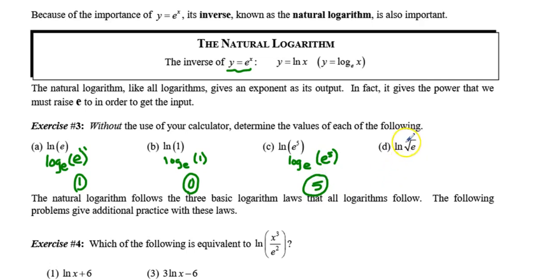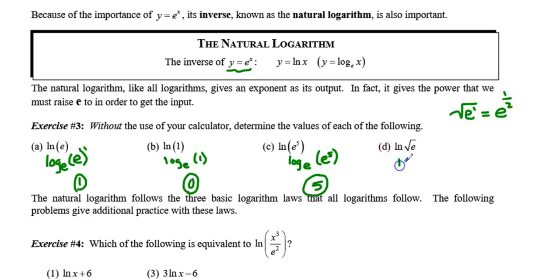And then finally, this one's a little bit tricky because we have to represent square root of e as a fractional exponent. If you remember, square root of e is the same as e to the 1/2 power. There's a 1 here and there's an implied 2 out here, so power over root.